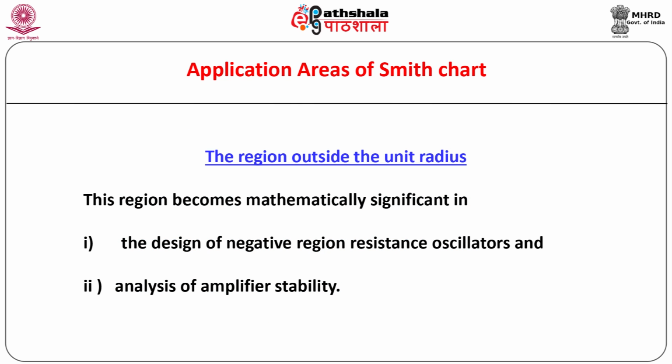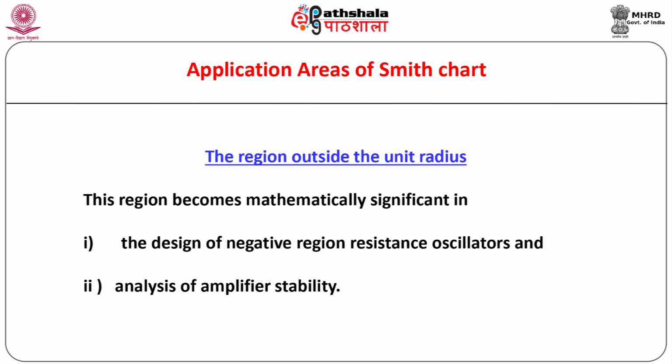Mostly, Smith chart is used for systems in which reflection coefficient is maximum 1. In other words, we think of only the region within the unit radius circle. What about the outer part outside the unit circle? It should be noted that the region outside the unit radius has mathematical significance in the case of systems having magnitude of reflection coefficient greater than 1.